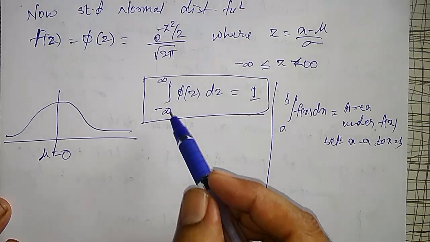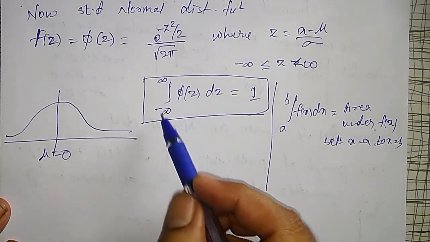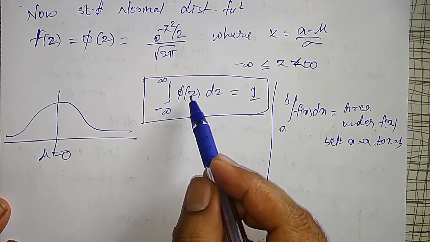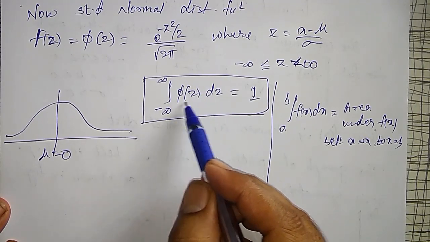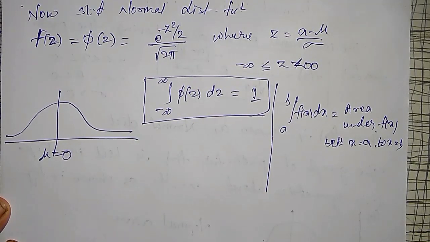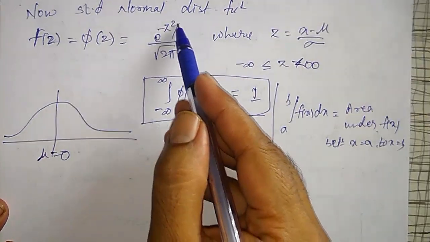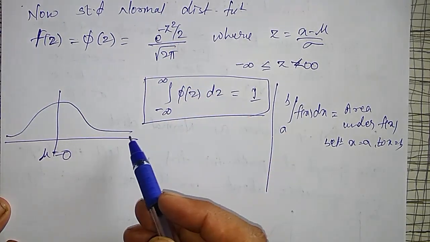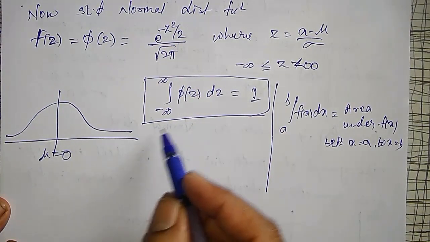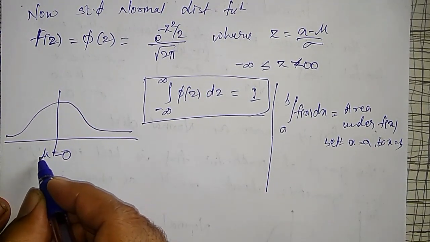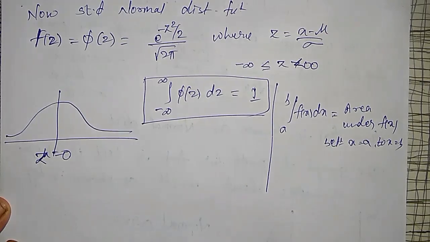Therefore, the integration from minus infinity to plus infinity of this function also represents the area under phi of z between z equal to minus infinity and z equal to plus infinity. And phi of z equal to this function is again the bell shaped curve, and it is symmetric about z equal to 0.